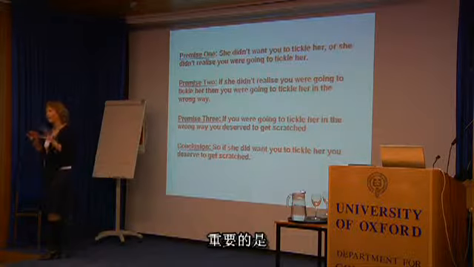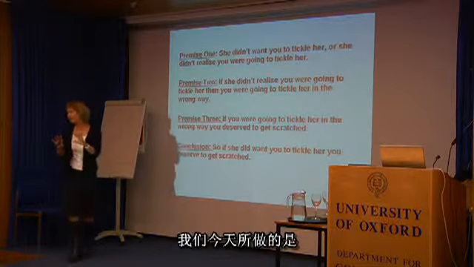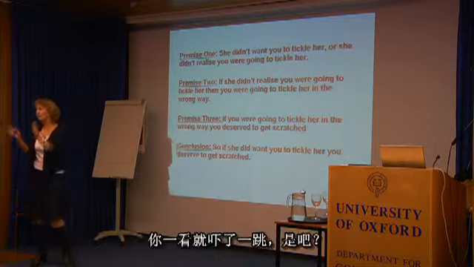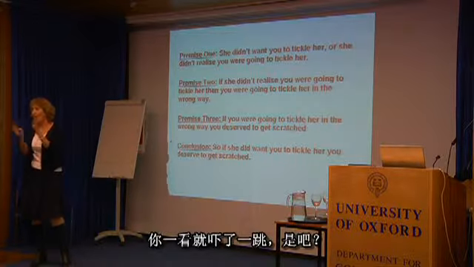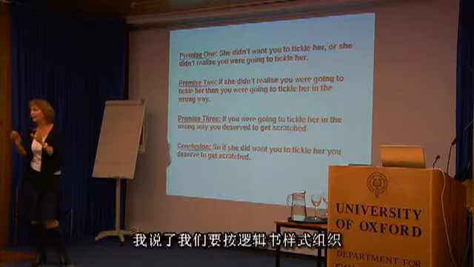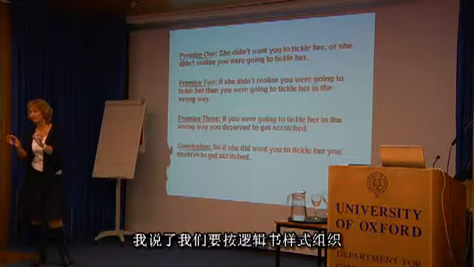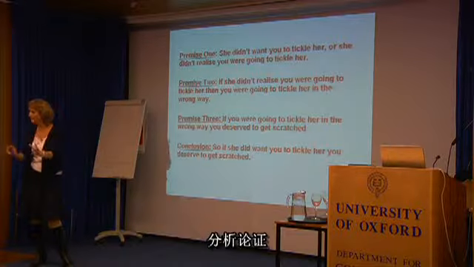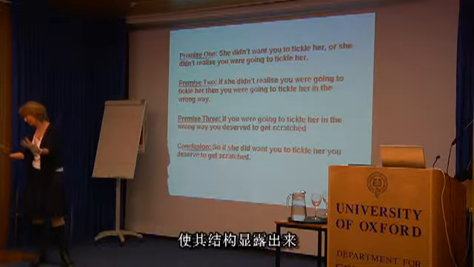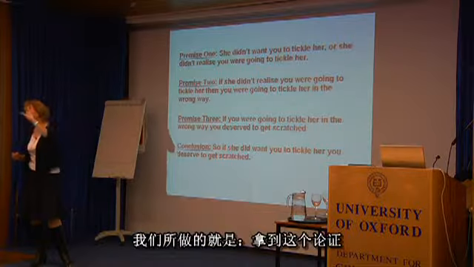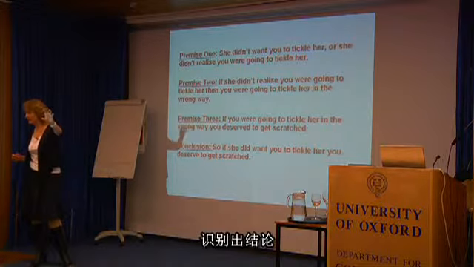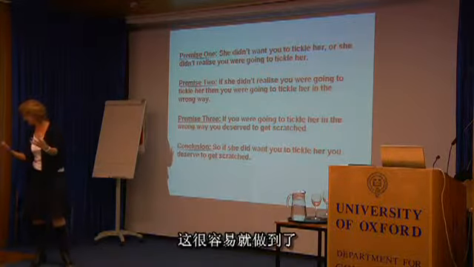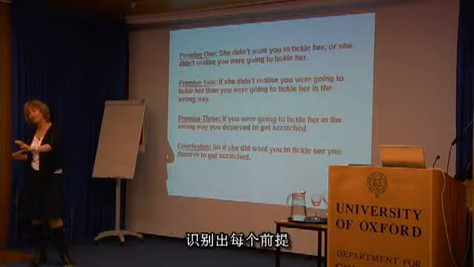The important thing is that what we've done today is we've taken an argument that you looked at, and when you looked at it, you went, ugh, didn't you? Okay. Well, I said we were going to set it out logic book style. All we're going to do is identify the argument. We're going to analyse the argument, reveal its structure. So what we've done is we've taken the argument, we identified the conclusion of the argument. We all did that fairly easily. We identified each premise.